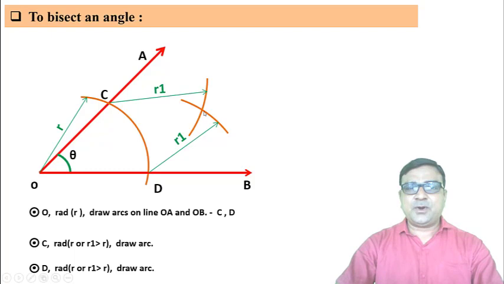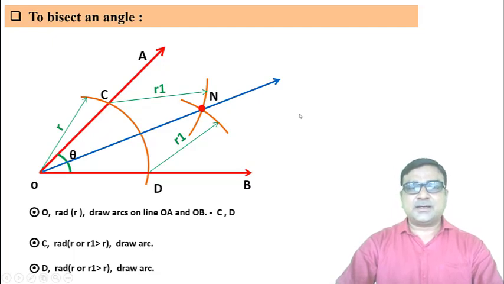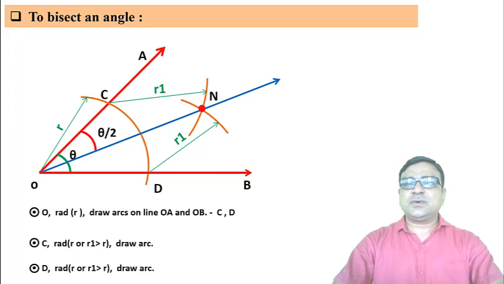The intersecting point of these two arcs is denoted by N. Now draw a line from O to N. This line is known as the bisector of the angle theta, which bisects theta into theta by 2 and theta by 2.